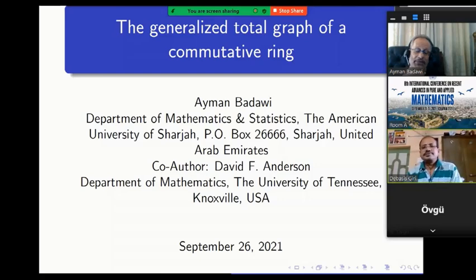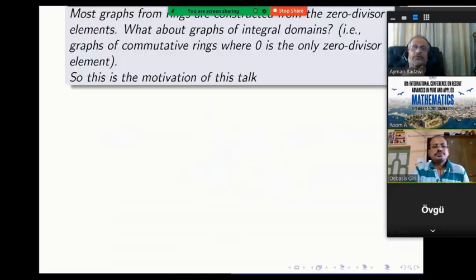I start by thanking the organizers and of course Professor Ikram Savas for his kind invitation. And okay, this is a talk about the generalized total graph of a commutative ring with my co-author David Anderson.